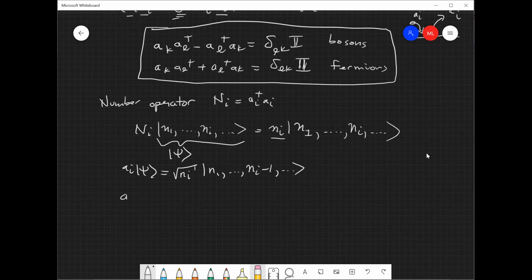And then for the creation operator, it's the square root of n_I plus 1. It's just by the same argument as the harmonic oscillator raising and lowering operators.